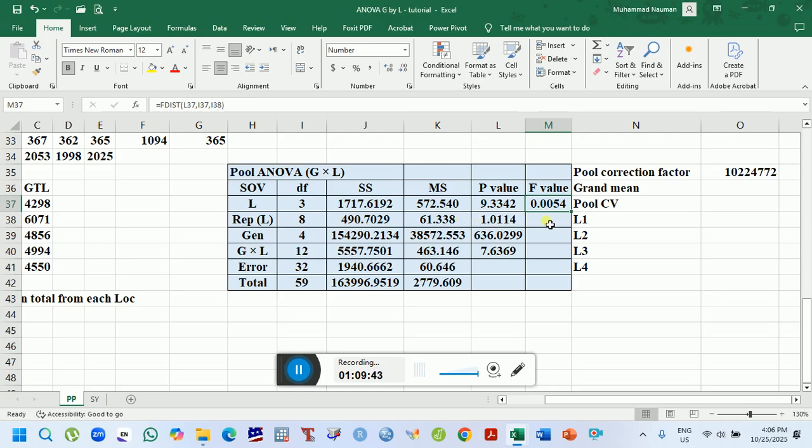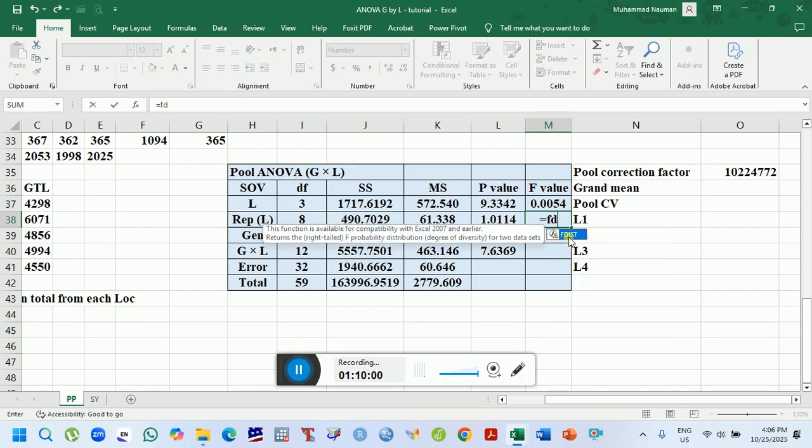Okay, now we will calculate the rep within location F test, which is usually not described in plant breeding and genetics results. It is equal to F.DIST.RT.